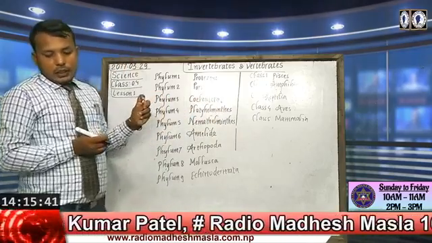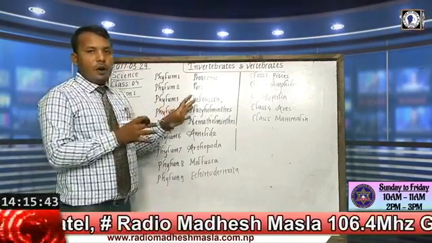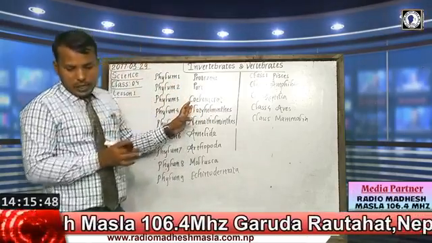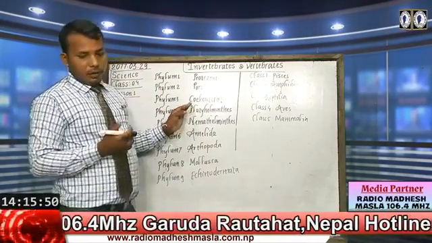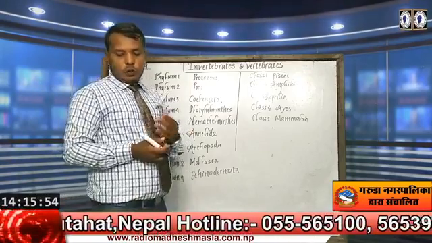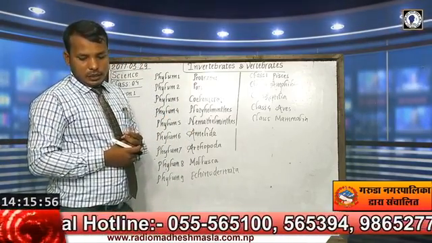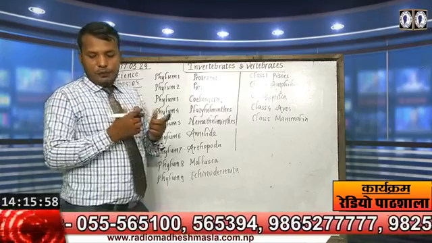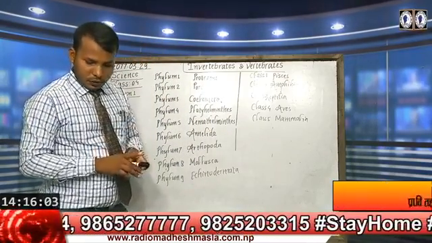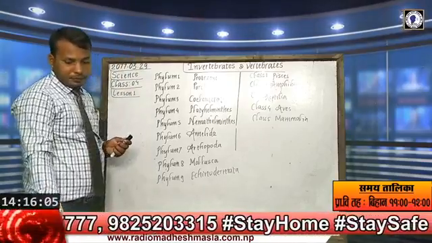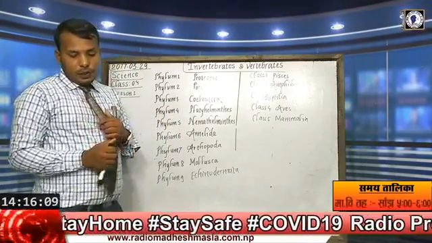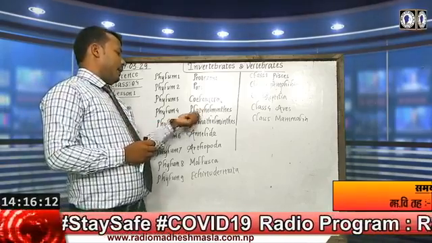Next, they live in the body of other animals, and they obtain their food from other animals, so they are called parasites. The animals that obtain their food from other animals are called parasites. Examples: tapeworm, liver fluke, etc. are examples of Platyhelminthes.